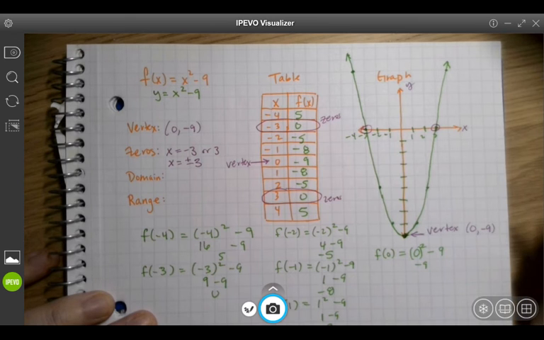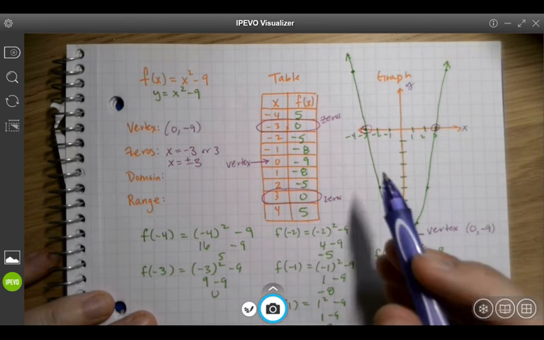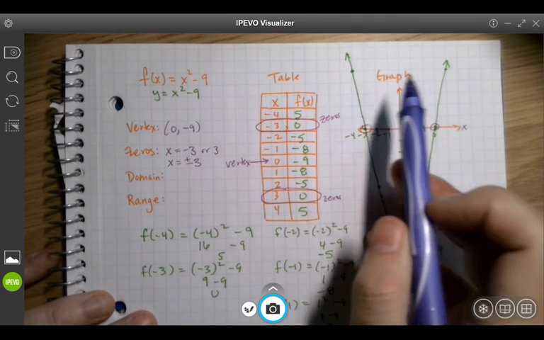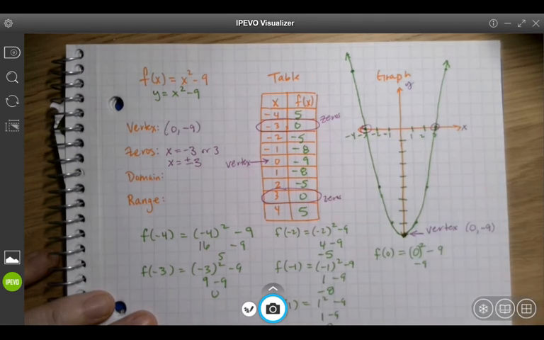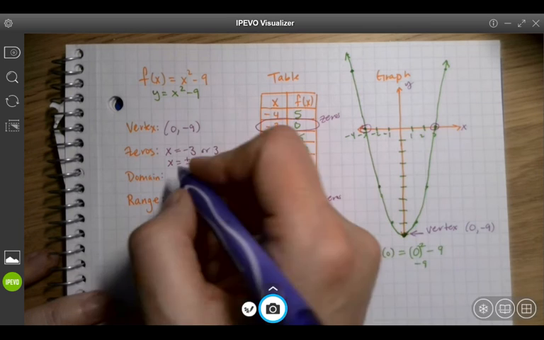Domain. Domain is what are the possible x values. This curve continues on indefinitely. There's no context here to limit what values of x would make sense. So the domain is all real values.